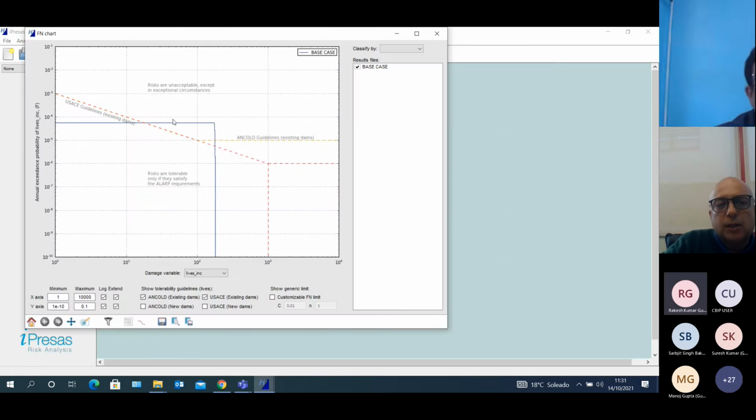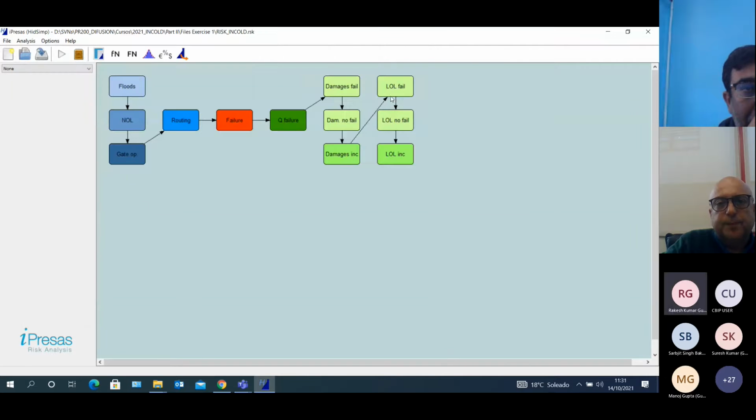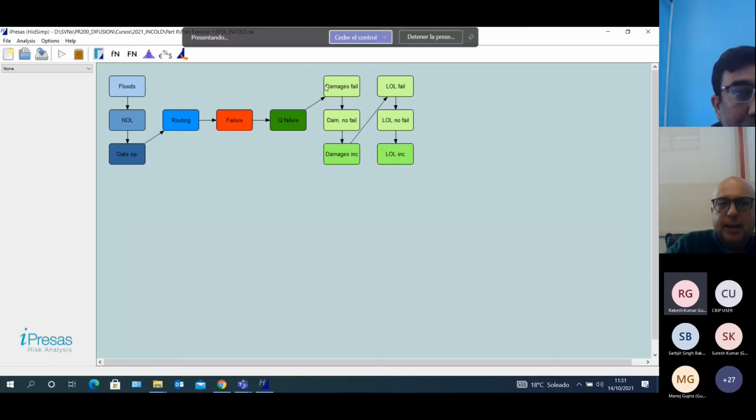Our box is going too far. So what it says is that some actions are needed. And we are going to calculate the first action, as I mentioned.